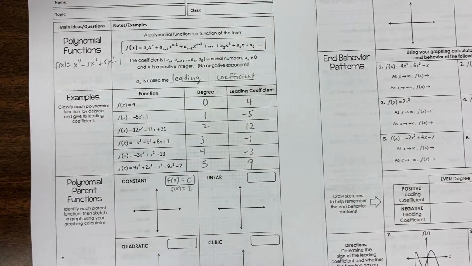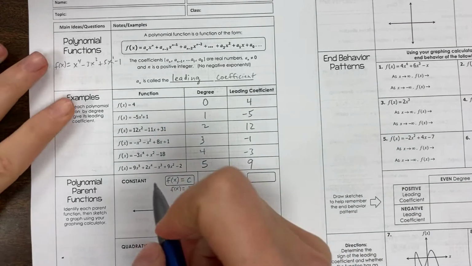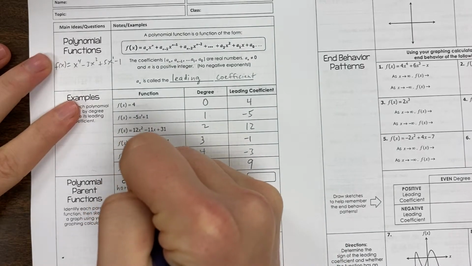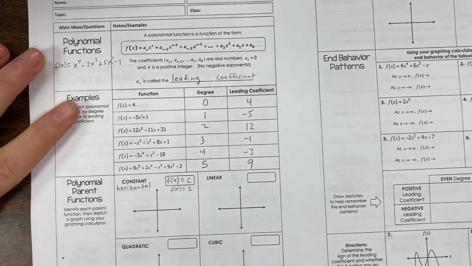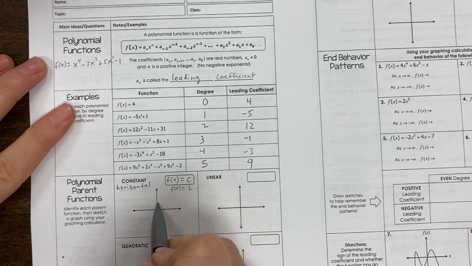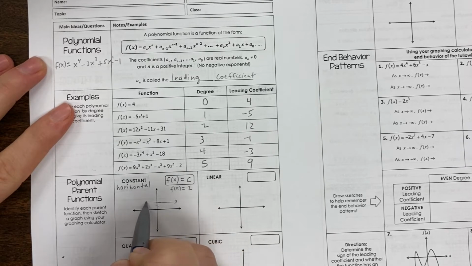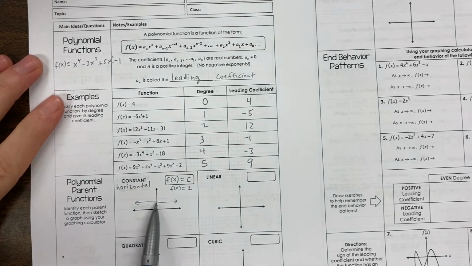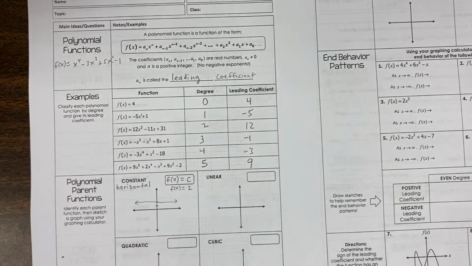A constant function is a horizontal line. So if you had f of x equals 2, for example, it would just be straight across like that. I accidentally put a little bit of bend in that. It should be a perfectly horizontal line.